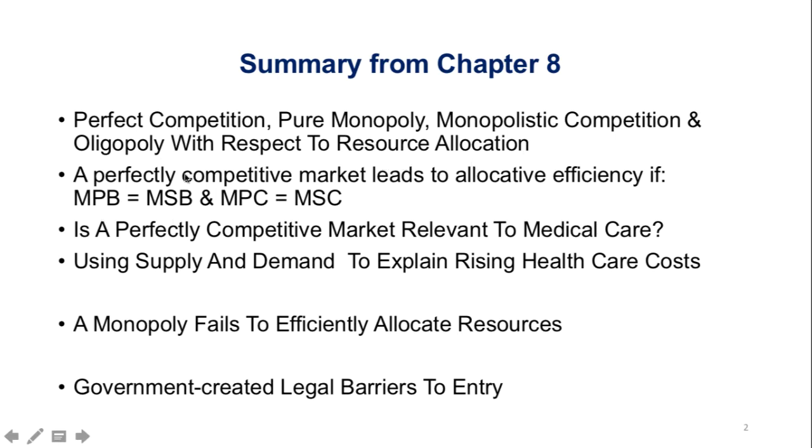So you learned that a perfectly competitive market leads to allocative efficiency, basically maximum allocation efficiency, if the marginal private benefit is equal to the marginal social benefit and the marginal private cost is equal to the marginal social cost.